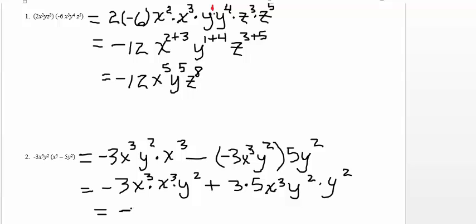So we have negative 3 using the product rule of exponents, x to the 6 times y squared plus 15 x cubed times y to the fourth. So when I multiply y squared times y squared, that's y to the 2 plus 2. And this is my final answer on this one.